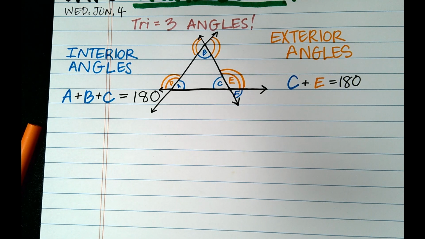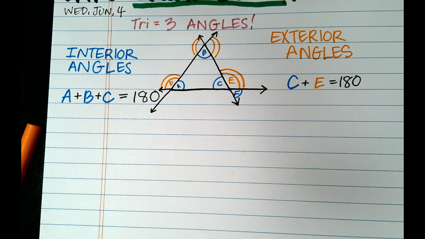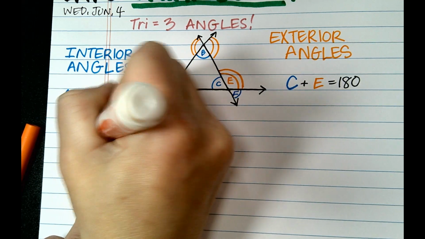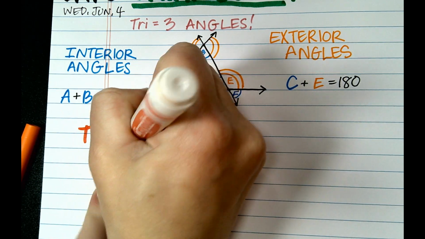Let me get a different color here. And I'm gonna write types of triangles.